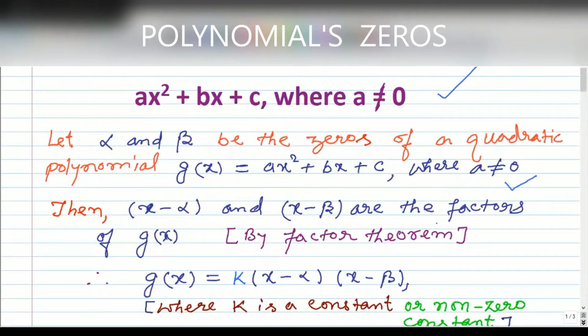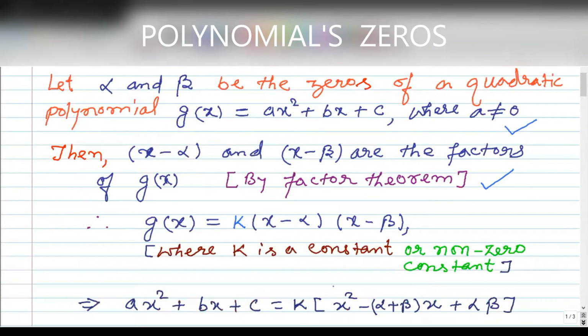Then (x minus alpha) and (x minus beta) are the factors of g(x) by the factor theorem, which we have learned in class 9. We can write g(x) equal to k times (x minus alpha) and (x minus beta), that is the product, where k is a non-zero constant.